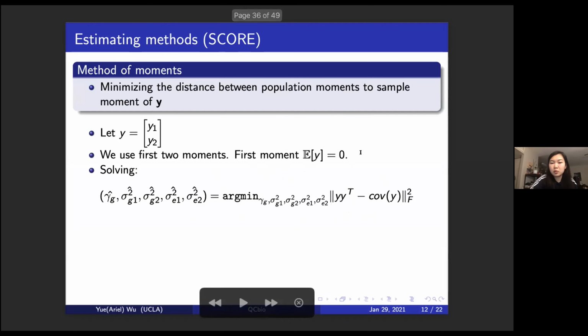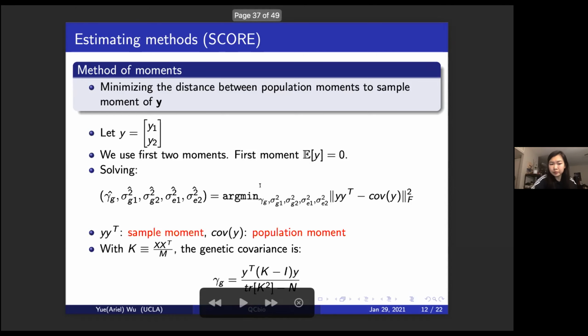Since we standardize the phenotype, the first moment, the expectation of y, is equal to 0. So what we are trying to do is minimize the distance between the sample moments, which is the covariance of y, and the population moments, which is y transpose.